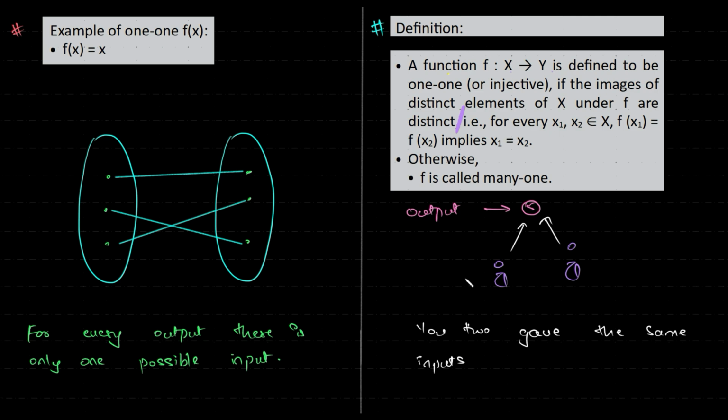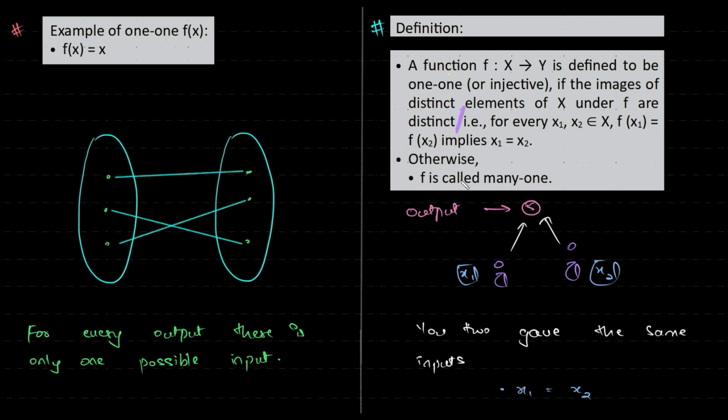So basically here they're talking about x1, x2. So we are looking at x1 is equal to x2. This is the funda. So if two people tell we are pointing to the same output, f of x1 is equal to f of x2, this implies the idea would be that x1 should be equal to x2.